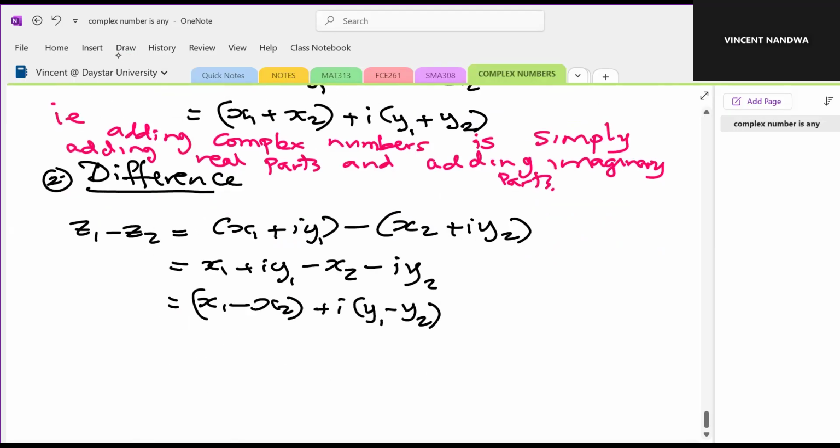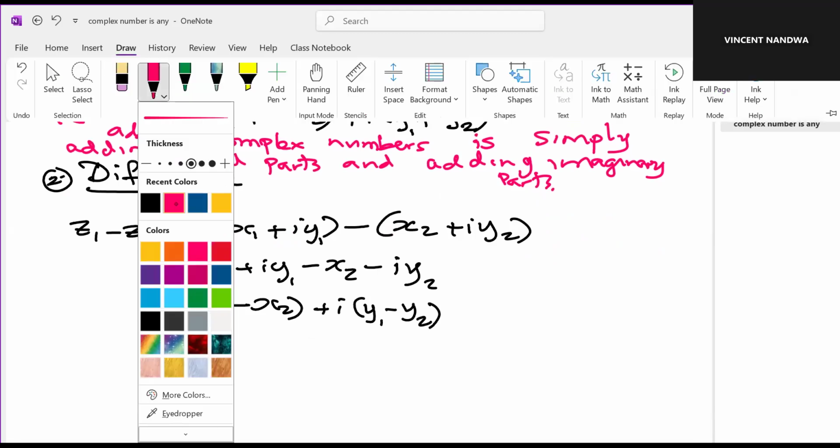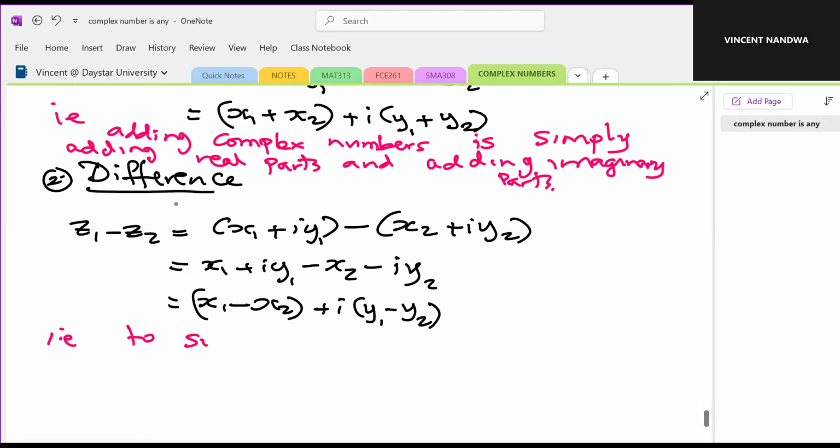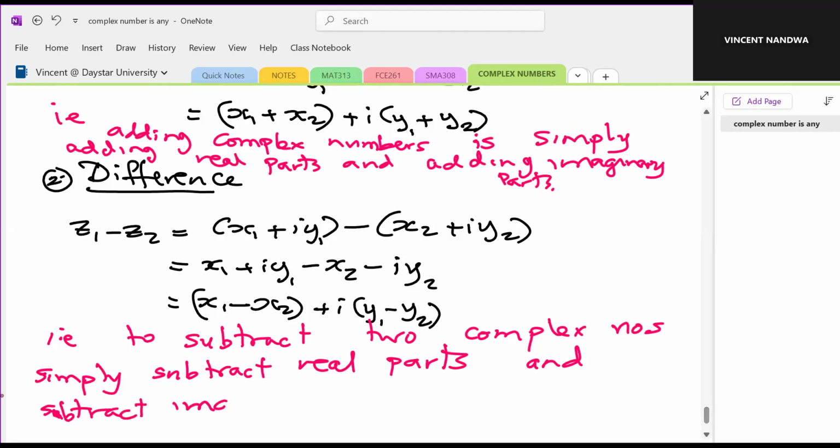So we can make that observation: to subtract two complex numbers, simply subtract real parts and subtract imaginary parts.